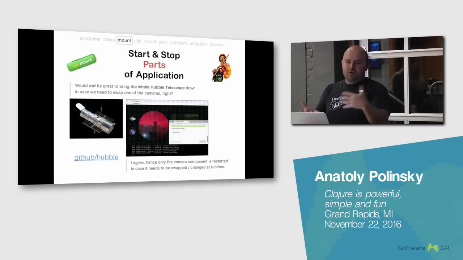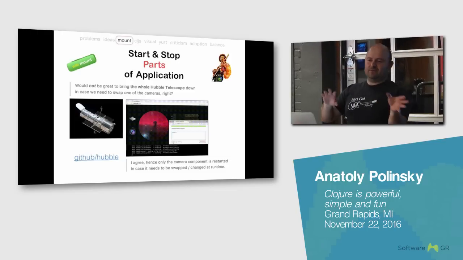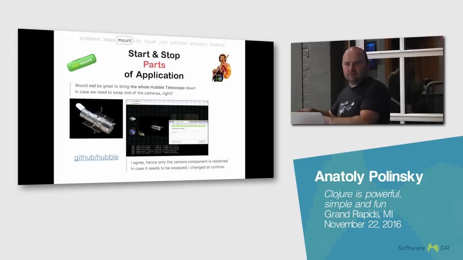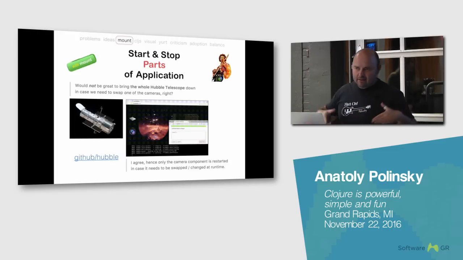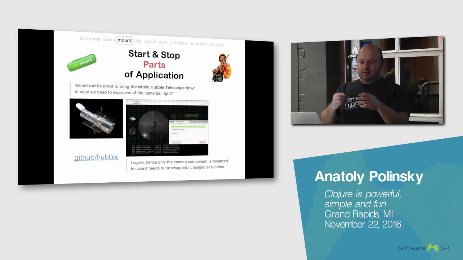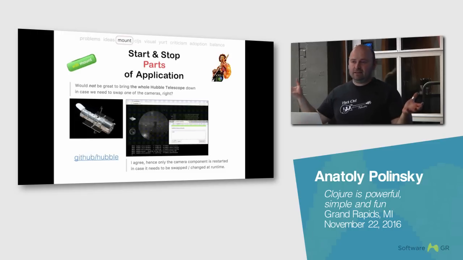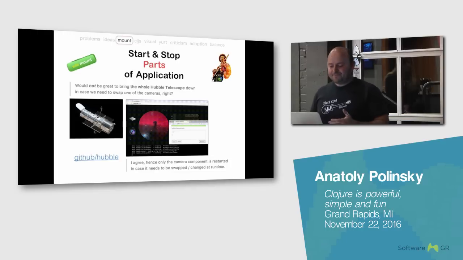The choices are: do we bring the whole telescope offline, quote unquote, bring the whole application offline to change something, or can we actually log in there using the network REPL that I mentioned in the very beginning, and just change this one thing? We'll just swap a camera. The telescope still reports back to us. It still uses other cameras if it has any, still uses other components of itself, but we can just change the camera. And Mount allows you to do that.